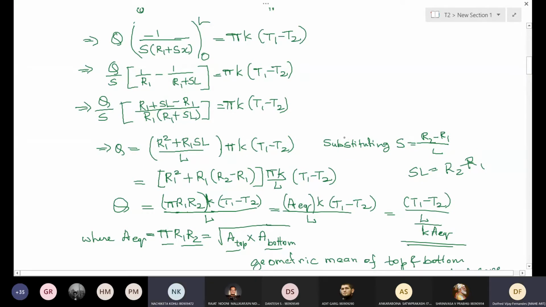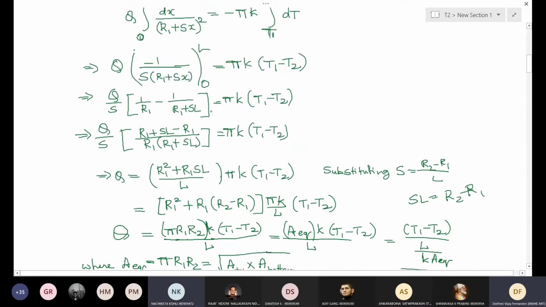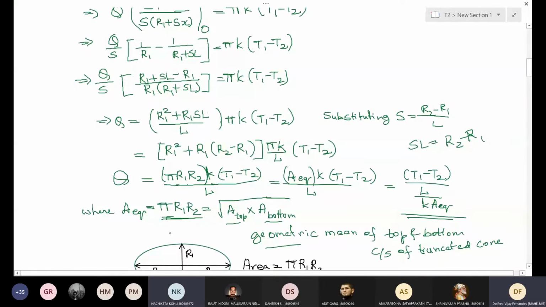Okay, you got additional information here, right? It's a simplification whenever you get a problem of similar nature. You don't have to go and integrate from the beginning. You can simply remember this equivalent area, and you can do the problem. Right? Yes, sir. Okay.